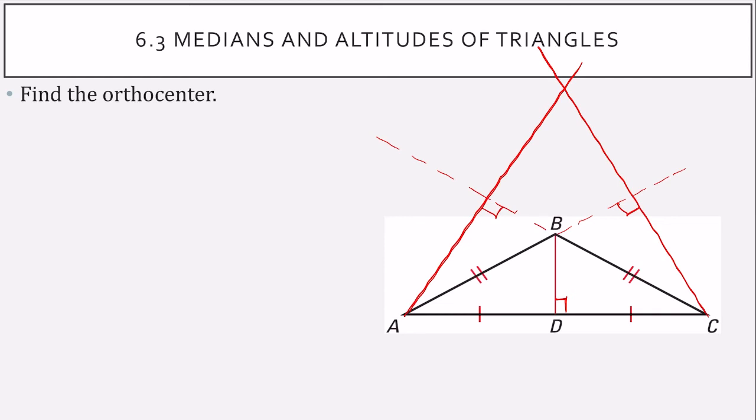And then if we extend our other altitude, it's right there. So the orthocenter there is there. It's an obtuse triangle, so the orthocenter is outside the triangle. Why don't you pause this and try number 18.